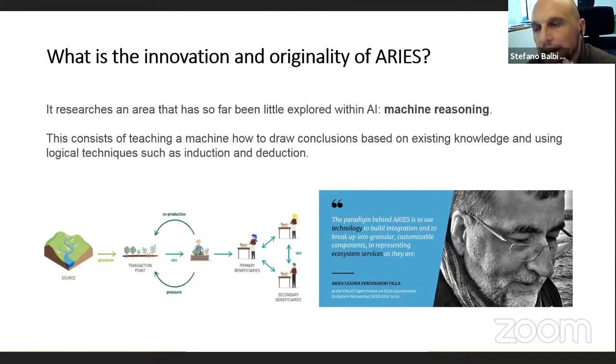Why? Because ecosystem services are one of the most complex issues to be modeled, because they are about the relationship between nature and human societies. So, for example, you have this schematic representation in this slide where you have nature on the left side and societies on the right side.